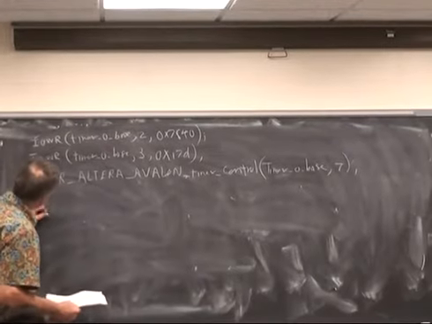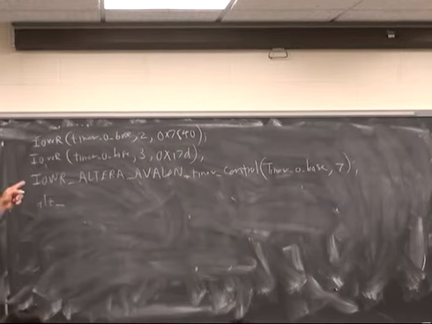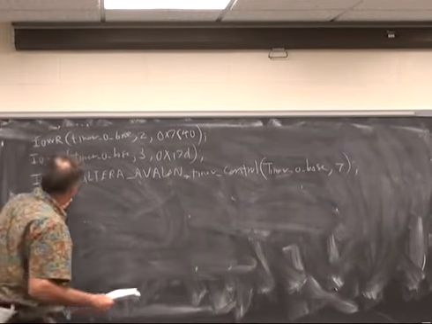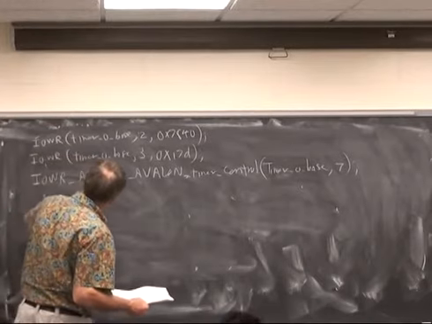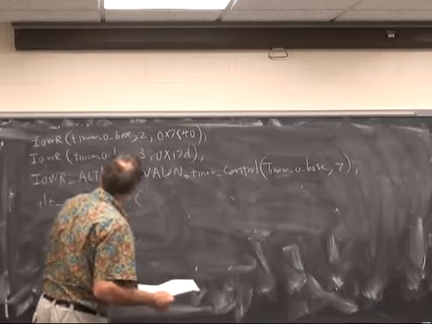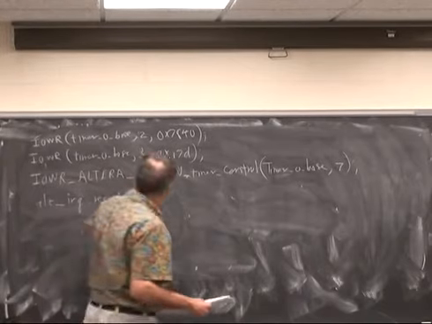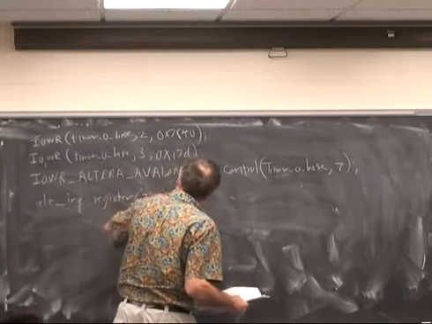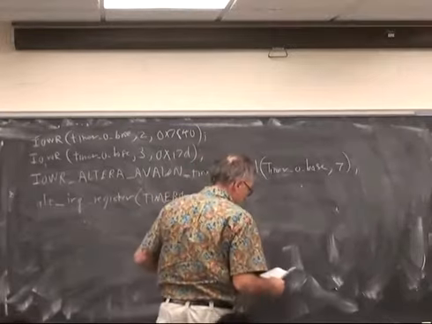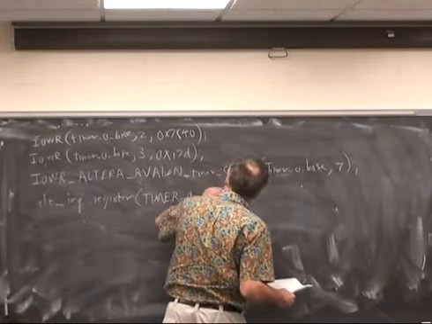Then we're going to register this interrupt with the interrupt handler by doing an alt_irq_register. Timer 0, timer_0_irq.